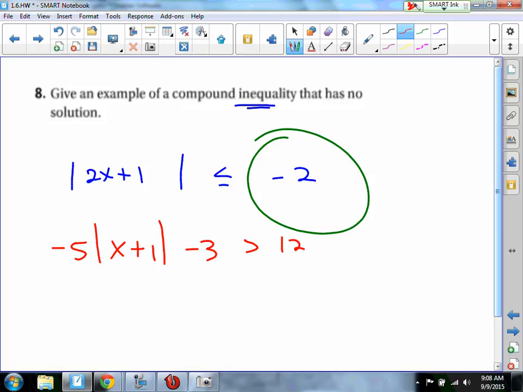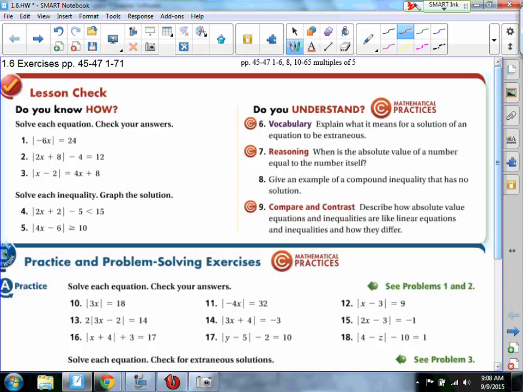All right. So that gets us through 1 through 6 and number 8. I'm going to give a shout out to the people who were ambitious and did the whole front page. The margin at the top says 1 through 6, 8, and then 10 through 65 multiples of 5. So from here on out, we're just looking at multiples of 5.